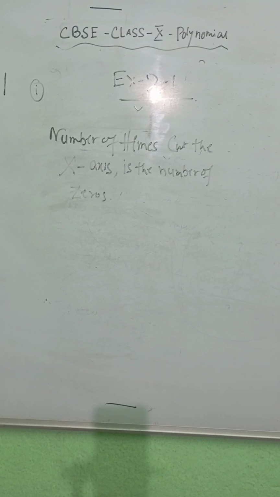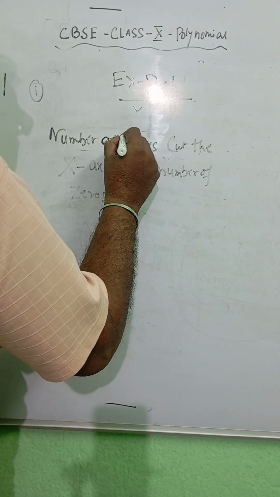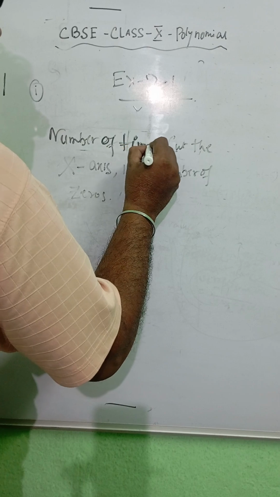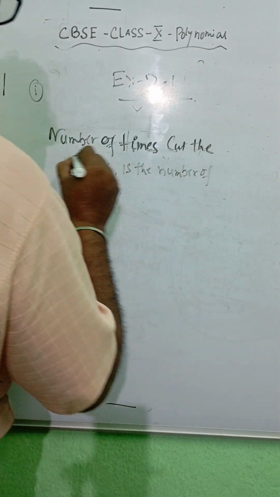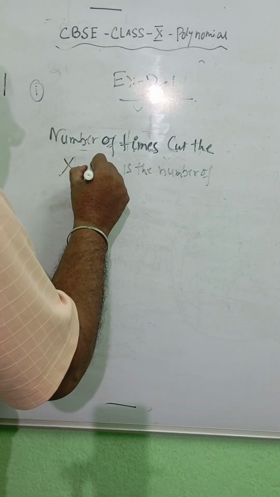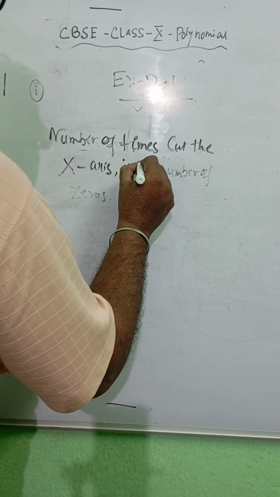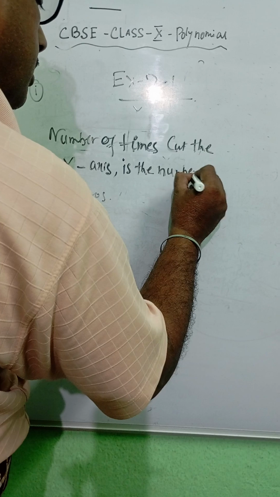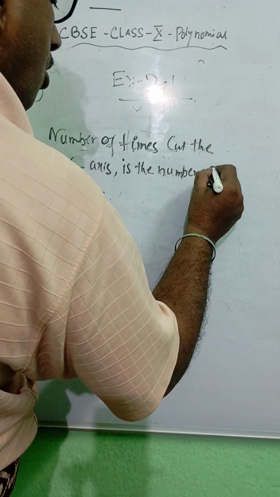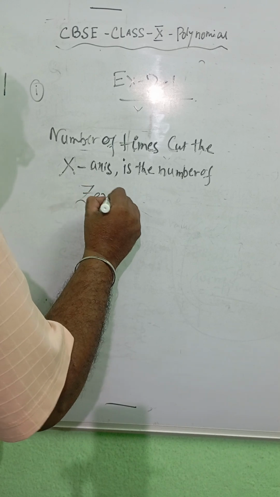Write down this note very carefully. The number of times the curve cuts the x-axis is the number of zeros.